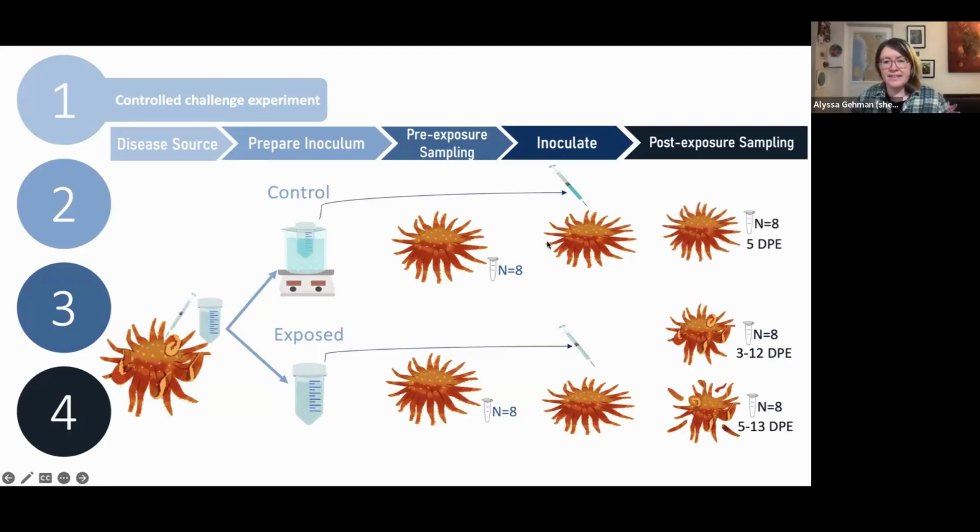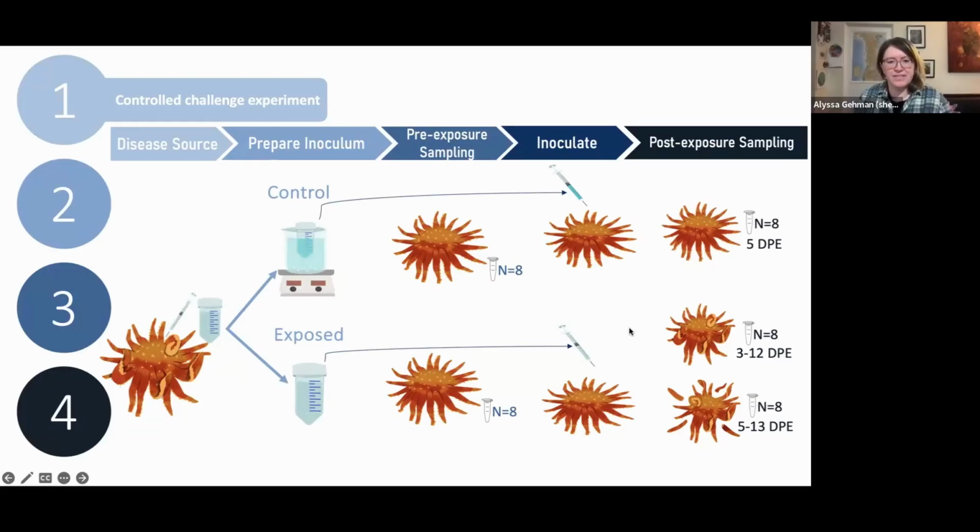And then importantly, none of our controls ever showed any signs of disease. So if we deactivate whatever is in this fluid, we can inject it into a star and they're fine. And so that's a really important differentiation.